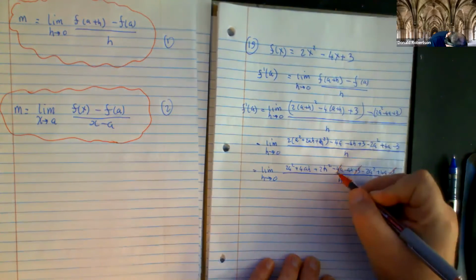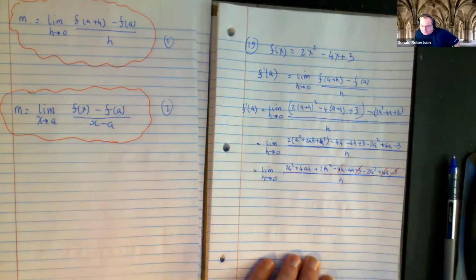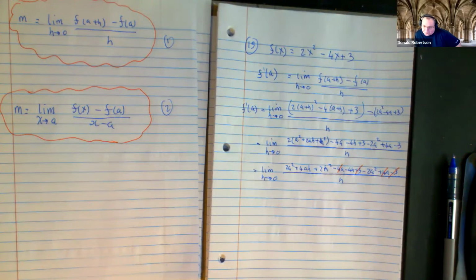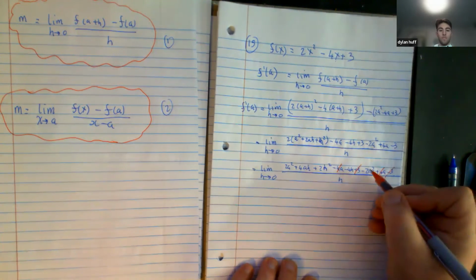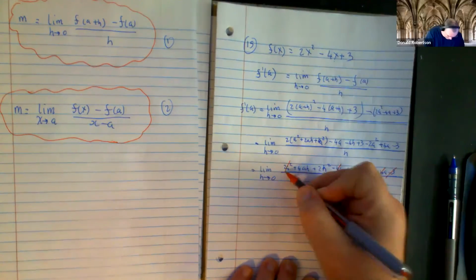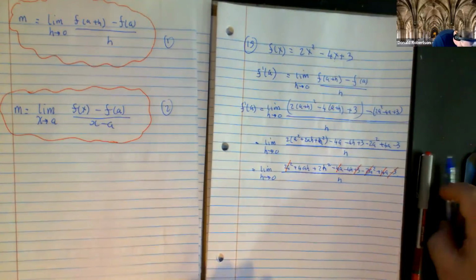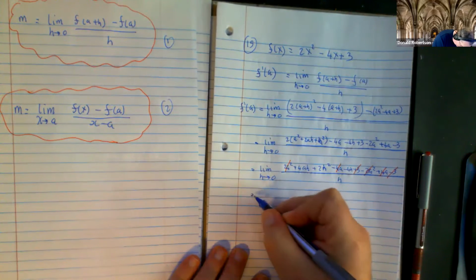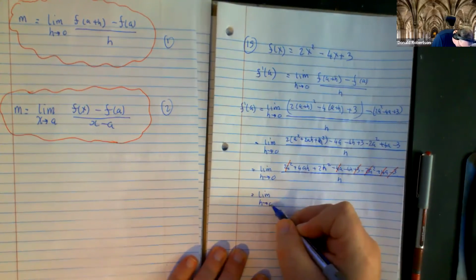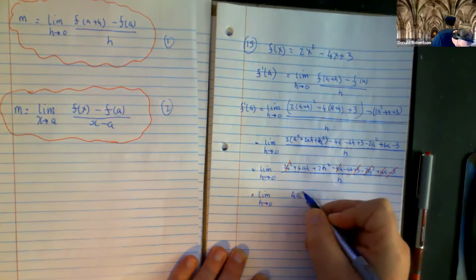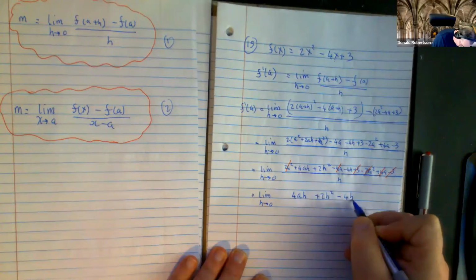The 4a gets cancelled out. Anything else? 2a squared. And the only pieces that are left alive are 4ah, 2h squared, and minus 4h.